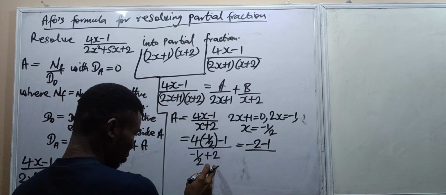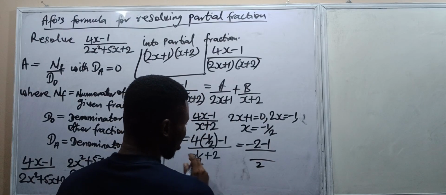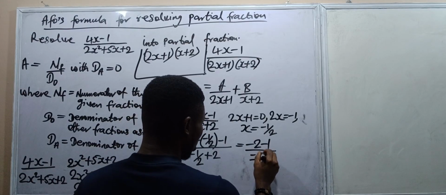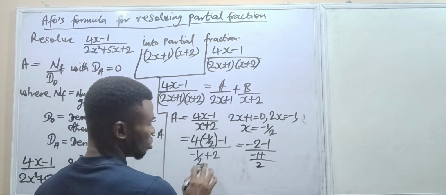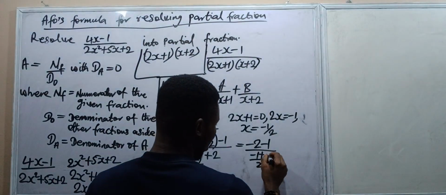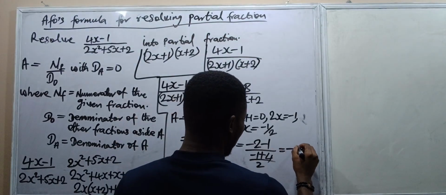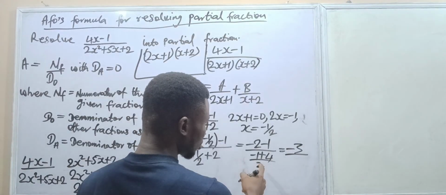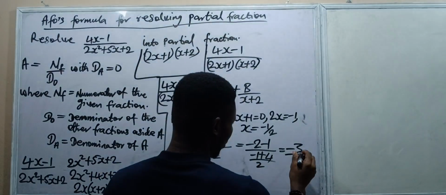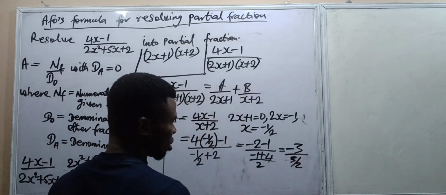For the denominator, the LCM is 2: minus 1 plus 4 gives 3 over 2.